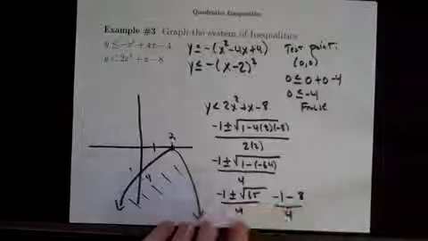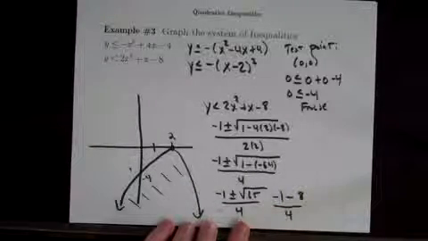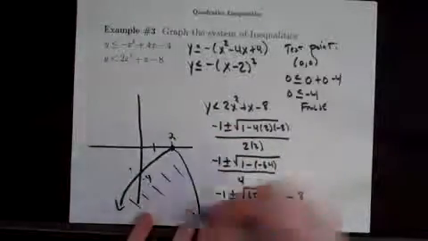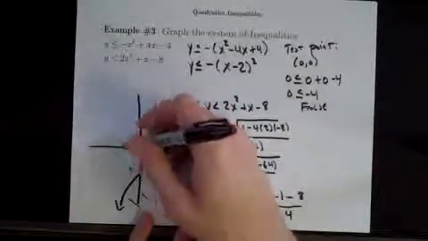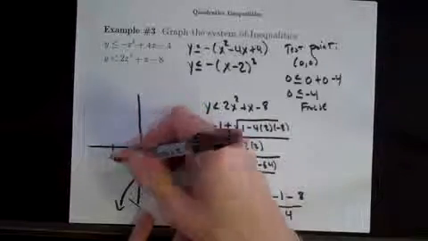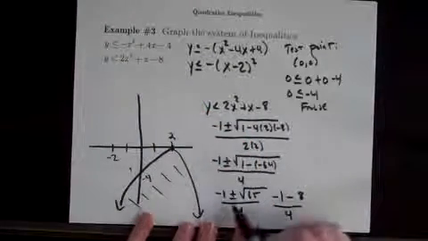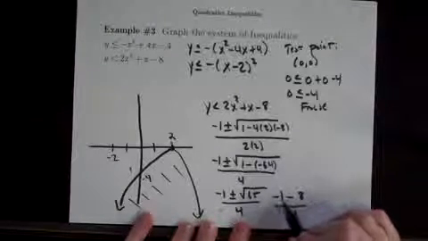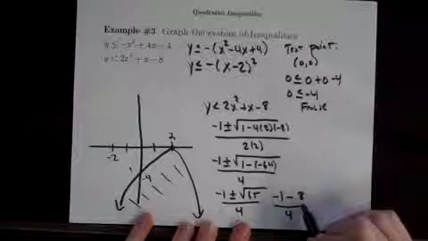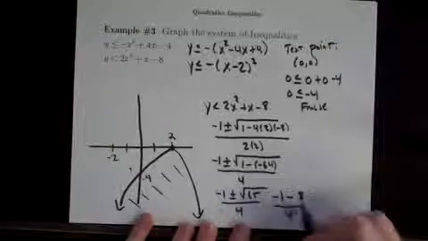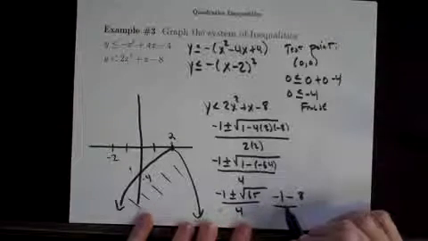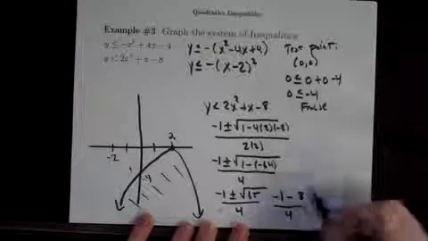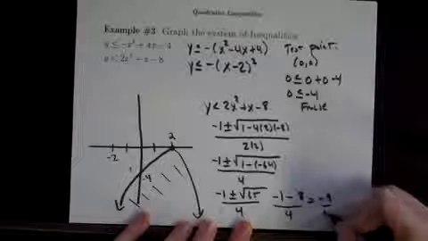So negative 1 minus root 65 is a little bit more than saying negative 1 minus 8, because the square root of 64 is 8. So we're thinking maybe this is negative 9 over 4.